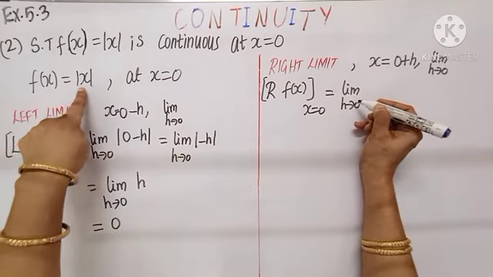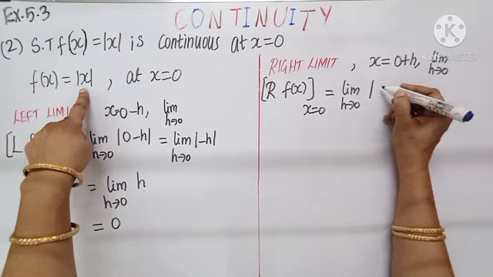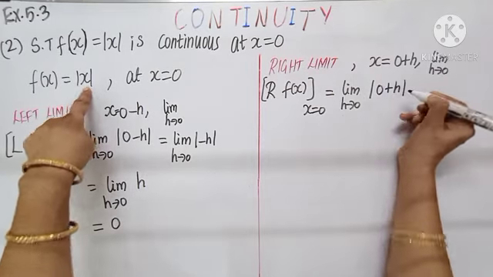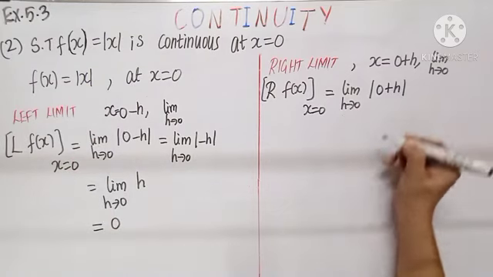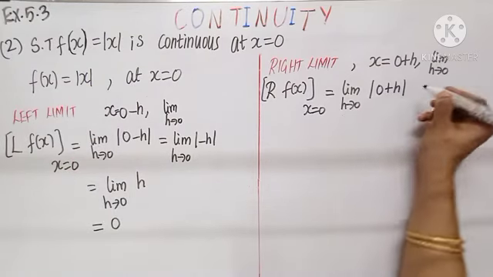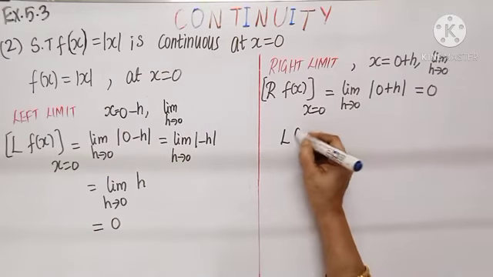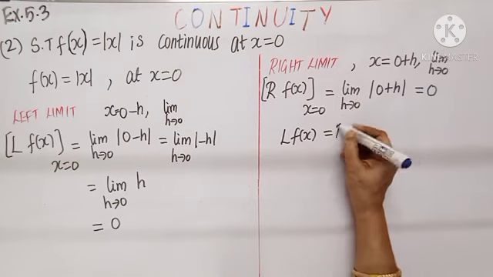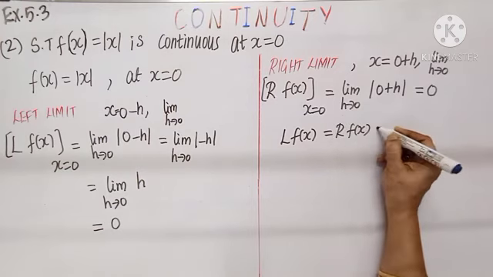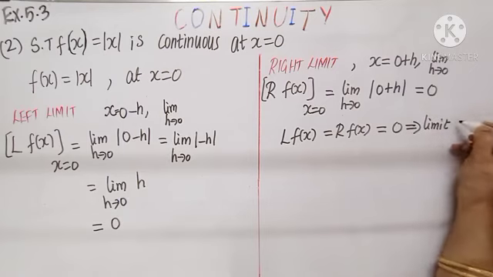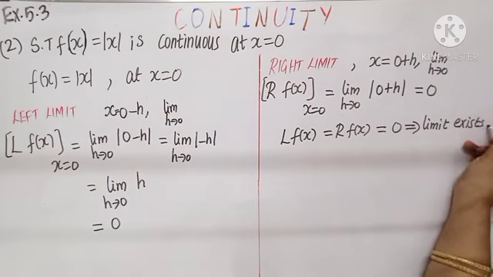In the function modulus, in the place of x put 0 plus h. When I put h tends to 0, 0 plus 0 is 0 only. Now we got L of f of x, R of f of x, both are equal to 0, implies limit exists.